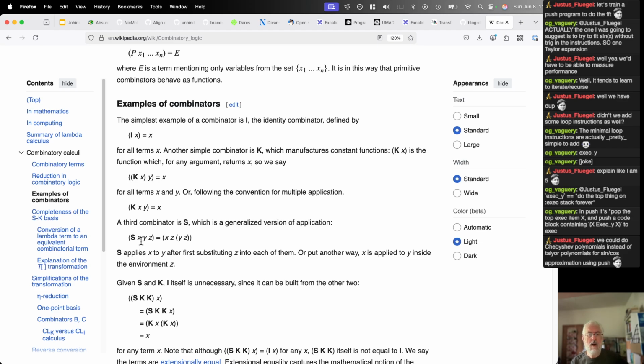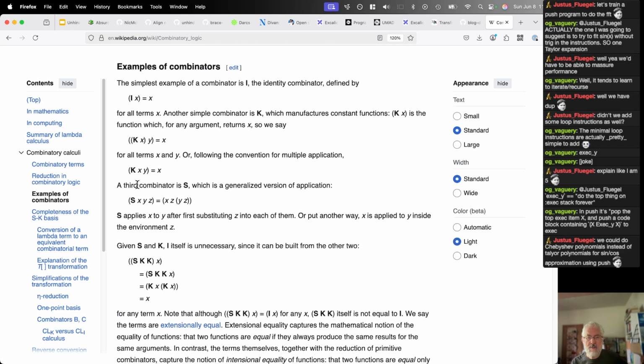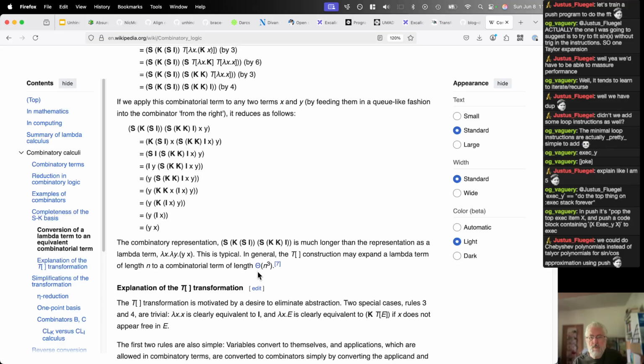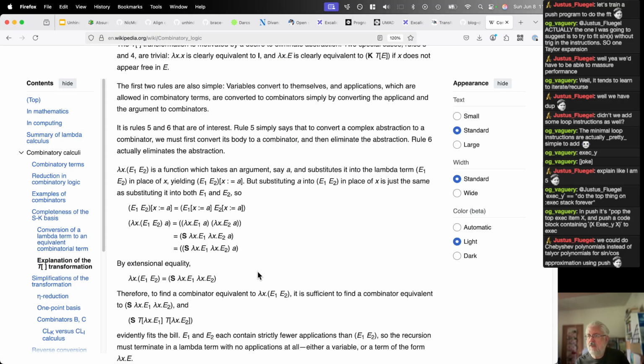S, its second argument is a function, so you get X applied to Z applied to the result of Y applied to Z. These are all, in theory, useful, although I found S is also problematic. K and I, I think, are completely reasonable. And Y, as Vagary said, basically just gives you infinite loops all the time.